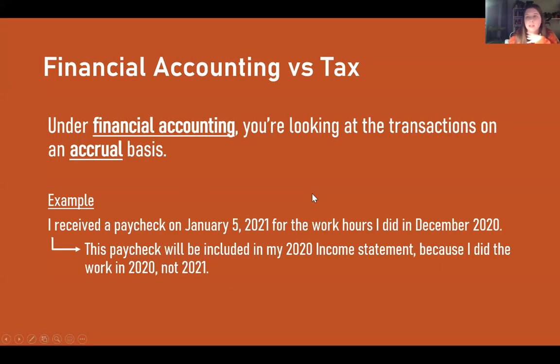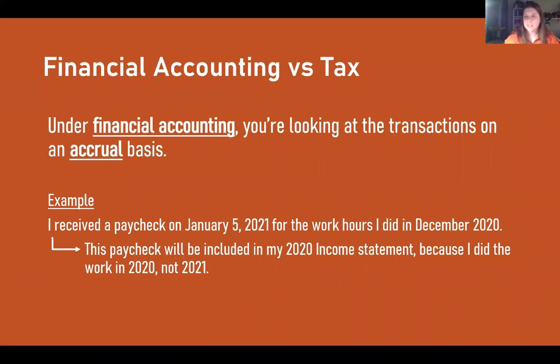Some differences between financial accounting and tax is that under financial accounting, you're looking at transactions on an accrual basis. So for example, if I receive a paycheck on January 5th, 2021 for work hours I did in December 2020, this paycheck in my income statement is going to be recorded in 2020 because I worked in 2020, right?